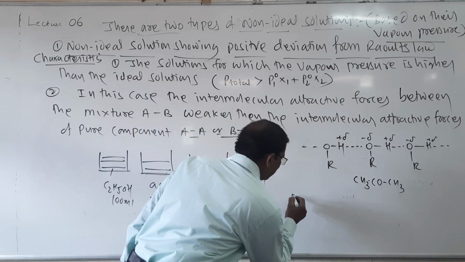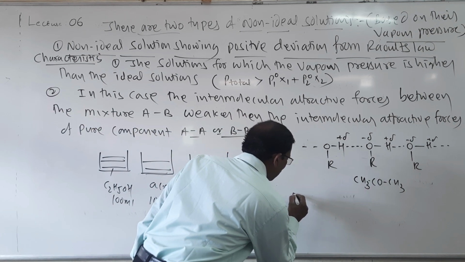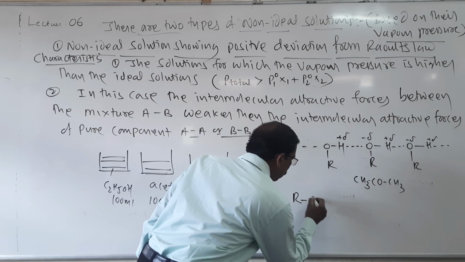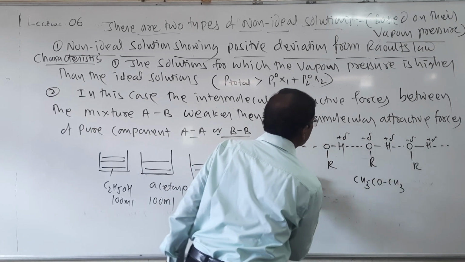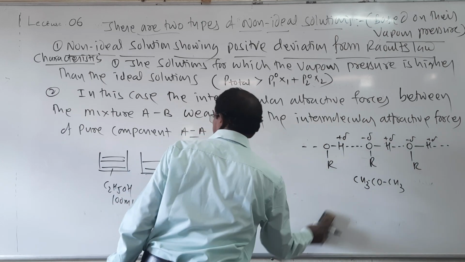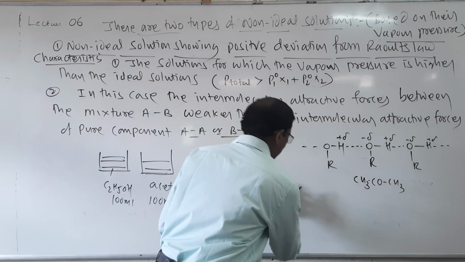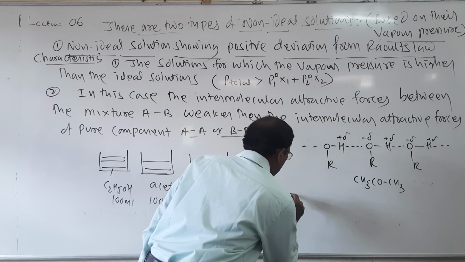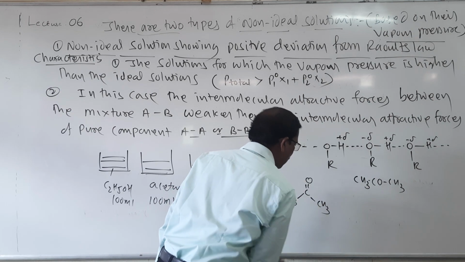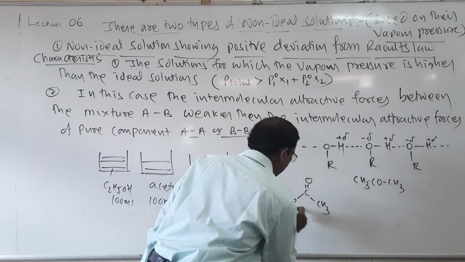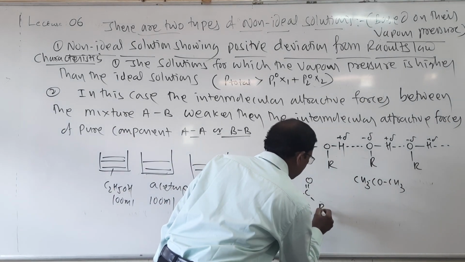I will write here ROH plus acetone. Look here, CH3, C double bond O, CH3, acetone, with R1, R2.